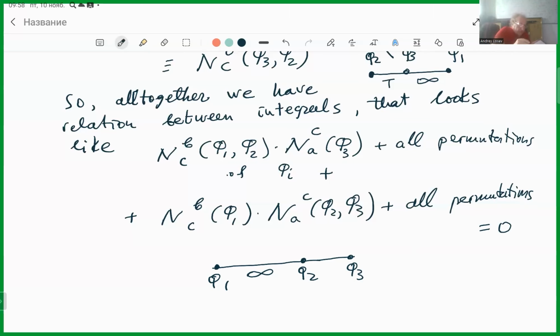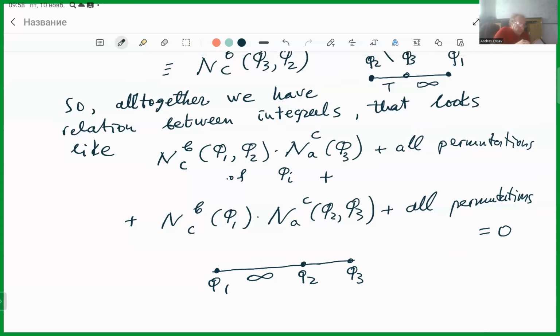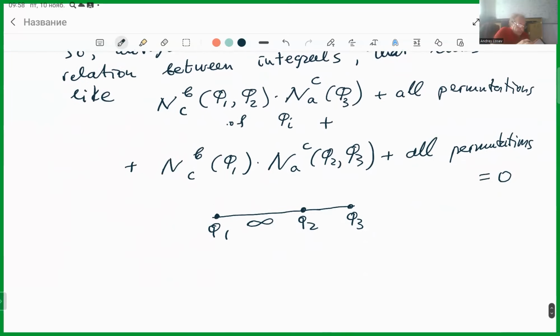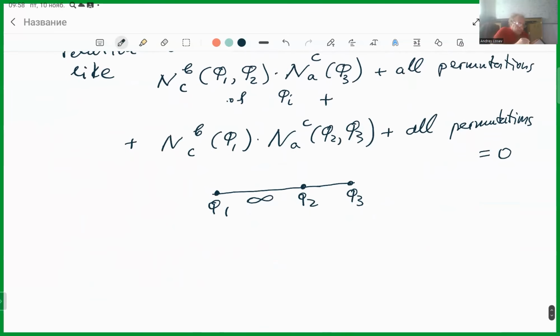Can we return to the definition of n? What is the meaning of this n?